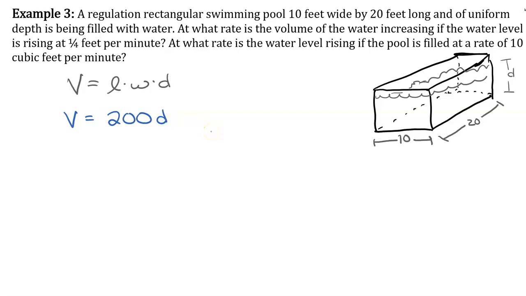And now we can take the derivative with respect to t. So dV/dt would give us 200 dD/dt, as long as you remember, that's the derivative with respect to depth.